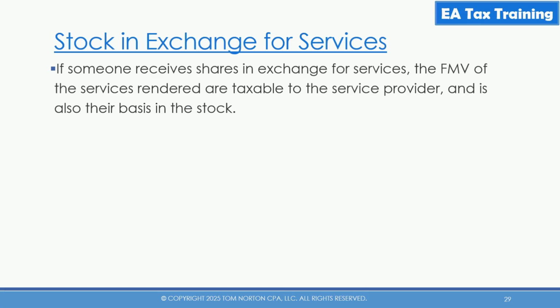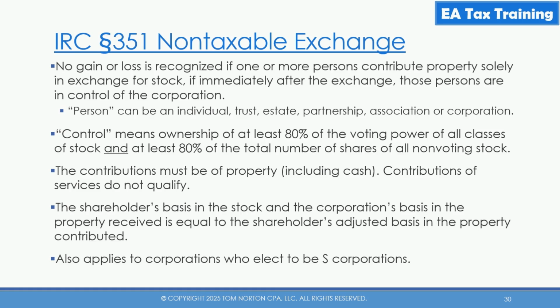So that attorney then has to recognize that much income. So they treat it just as if they had received, for instance, cash for their services. So it is income in their legal business. And then the amount that they recognized becomes their basis in the stock.